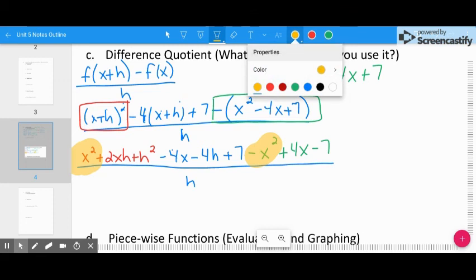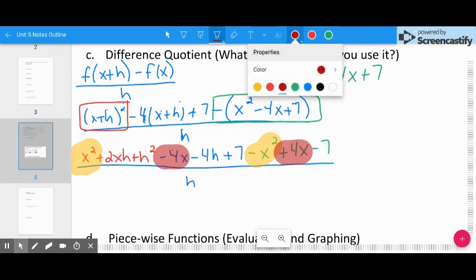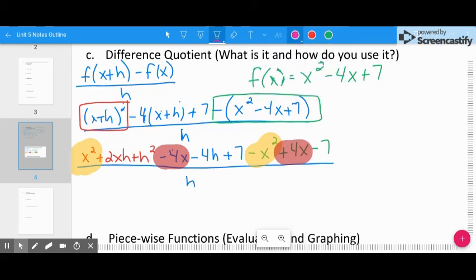What else do we see that are like terms? We have a negative 4x and a positive 4x. Also going to cancel out. So far we have nothing. If we keep looking, we have a 7 and a negative 7. Still no like terms for us to be writing in the next line.